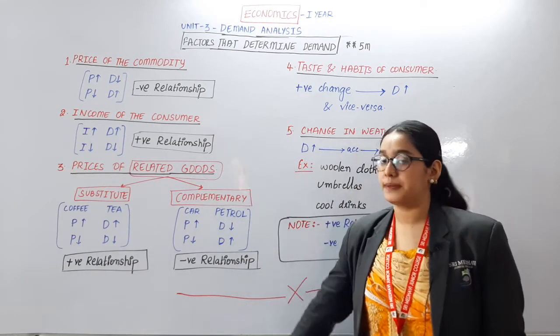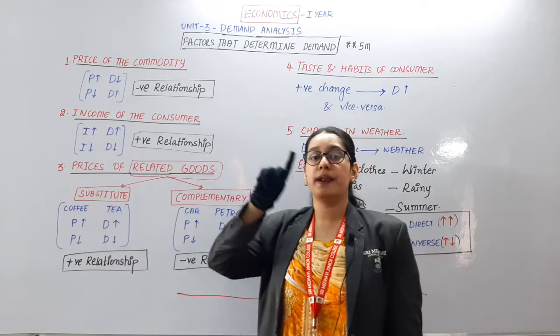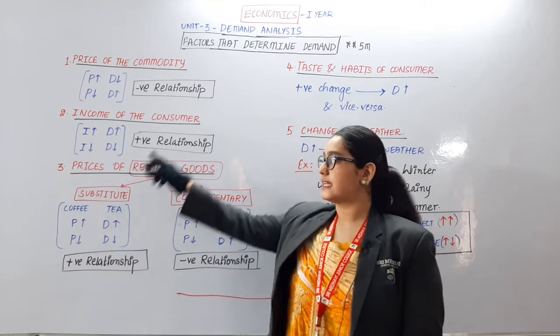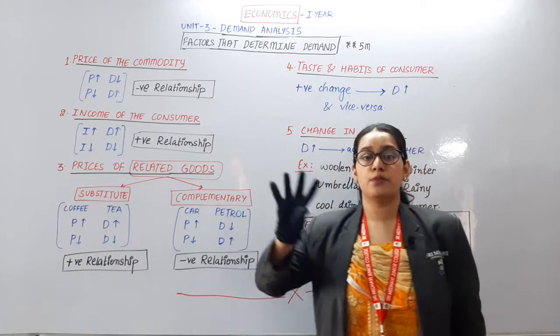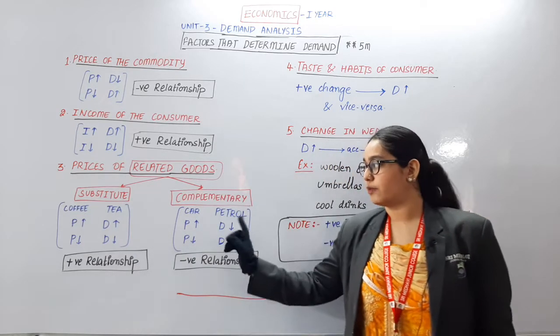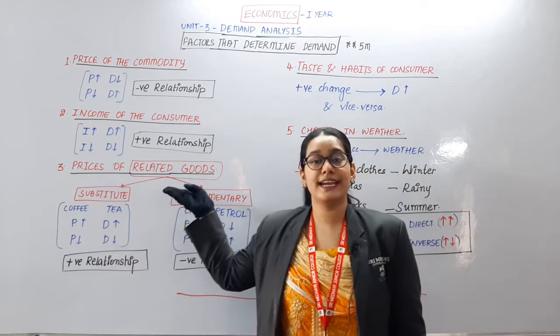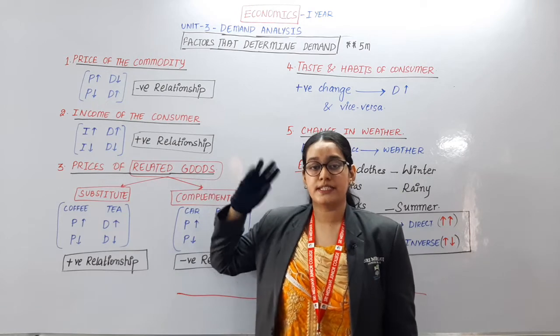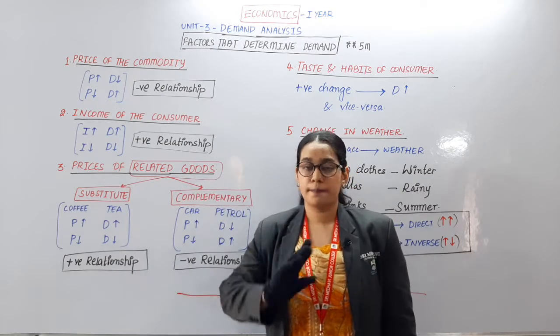Three points are completed. The first point we read about is the price of the commodity. Second is the income of the consumer. Third is the prices of related goods. Related means substitutive and complementary.